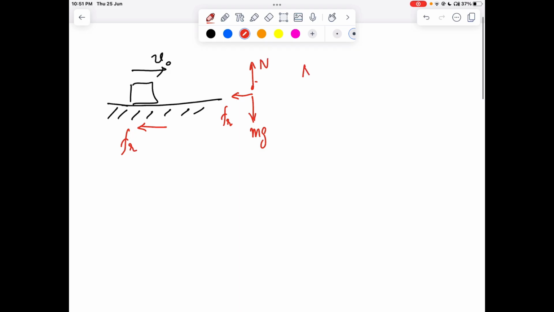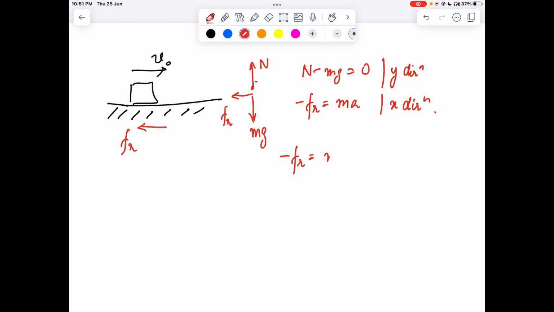And of course, N minus mg is equal to 0, that would be the y direction, right? And in the x direction, you would have minus Fr is equal to ma. Okay, now we have minus Fr is equal to ma.